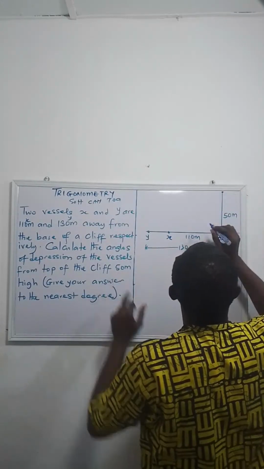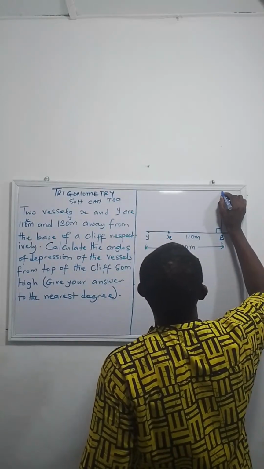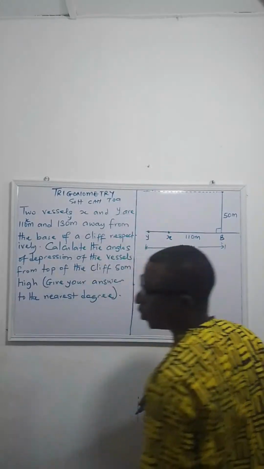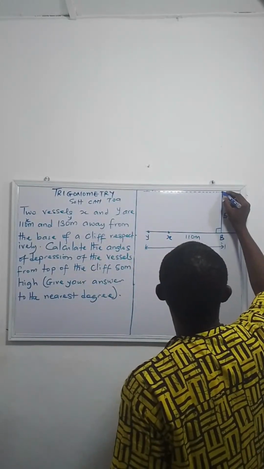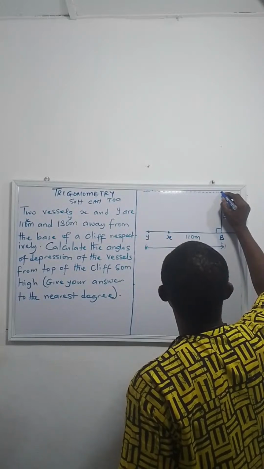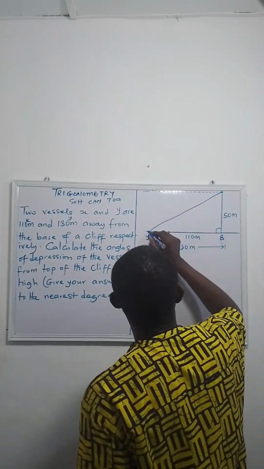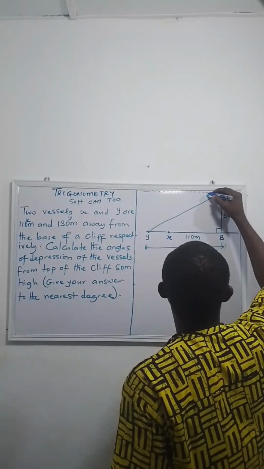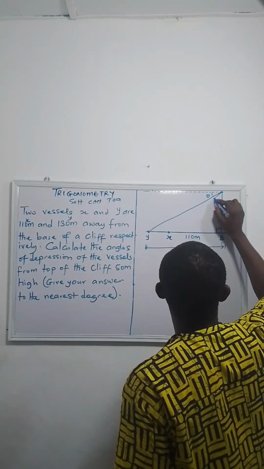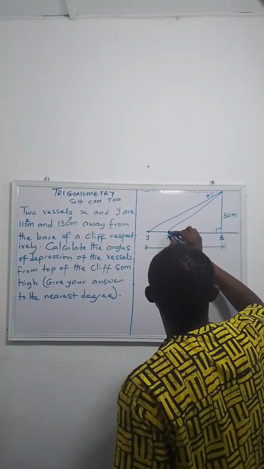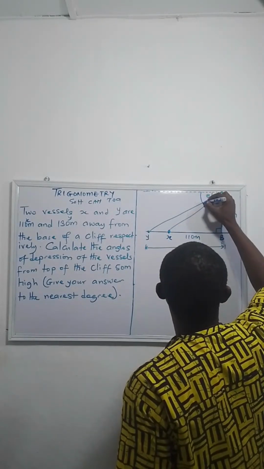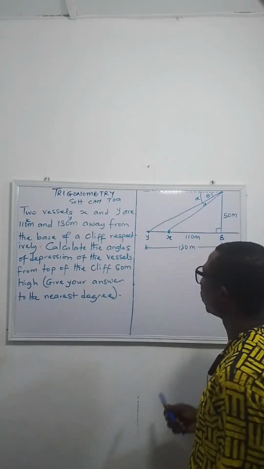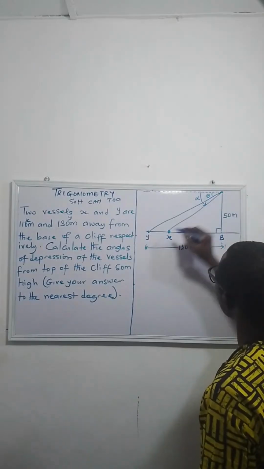So now we have this. This is the initial view. Don't forget, we are talking about angle of depression. So now the observer will bend the head by an angle. Let's call this angle theta. And then bend again. Now let's call this one alpha. So now this angle here is alternate to this.